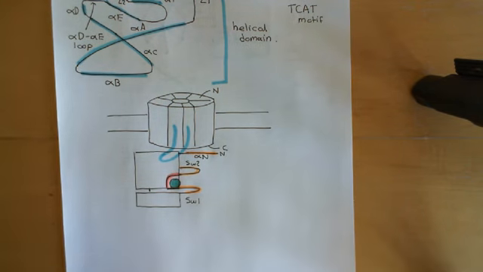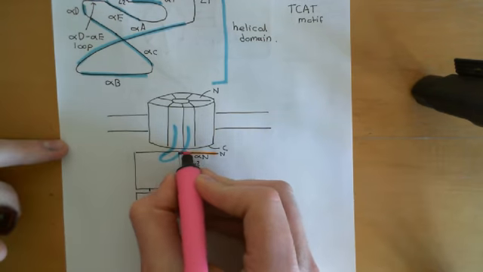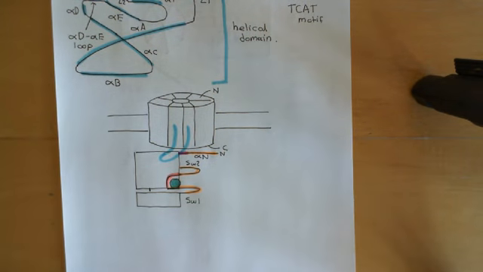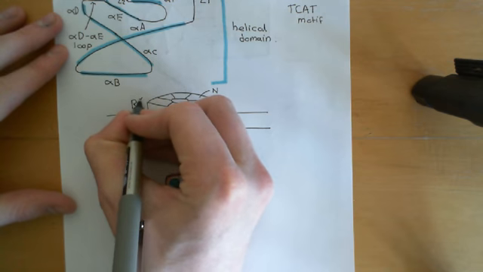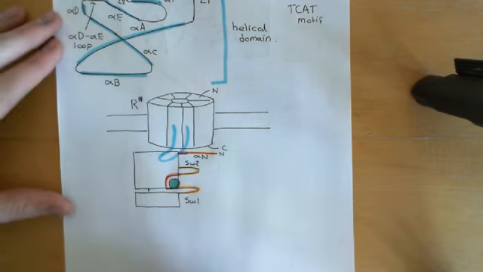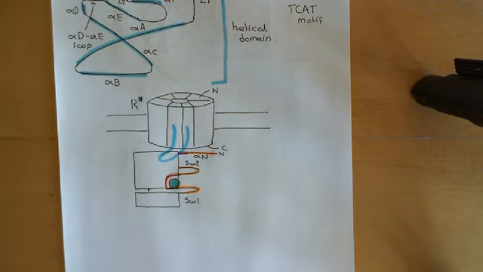Then we've got that alpha N beta 1 motif here, which is going to be binding to the G-protein coupled receptor now that it is in this activated state. I might just put a little label here for the G-protein coupled receptor, R star, the activated state of the receptor.